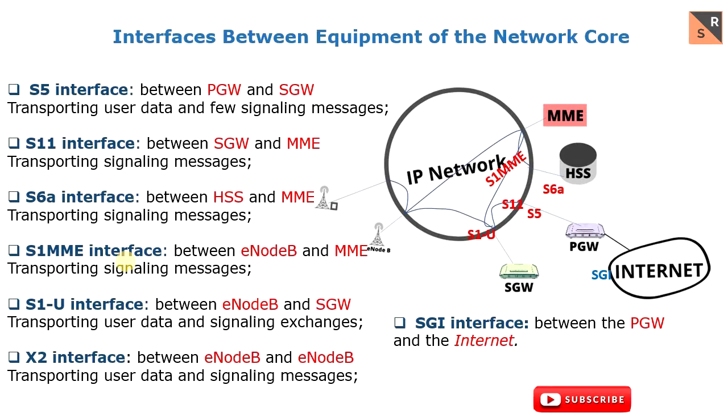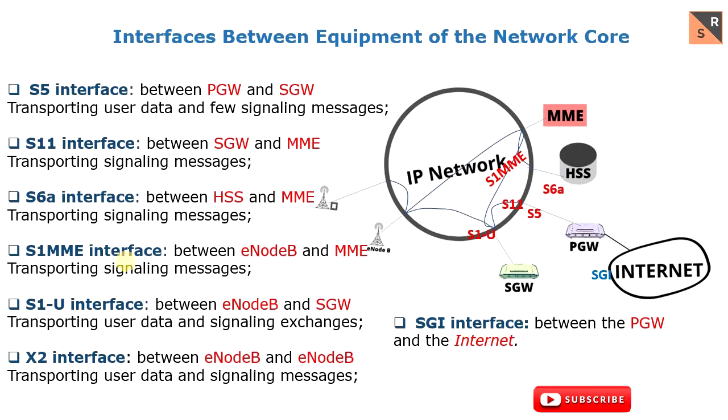The interface between the eNodeB and the MME is called S1-MME, there again, it is only for the exchange of signaling. Between the eNodeB and the S gateway, we have the S1-U interface. Here, it's only transporting user data. There is no exchange of signaling.